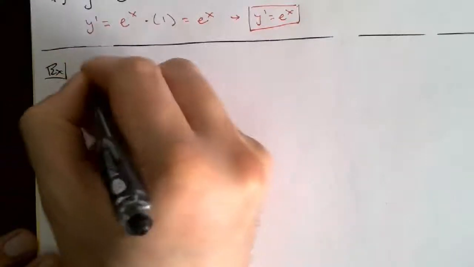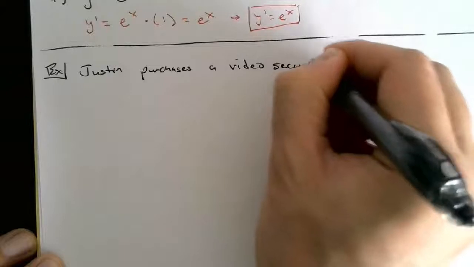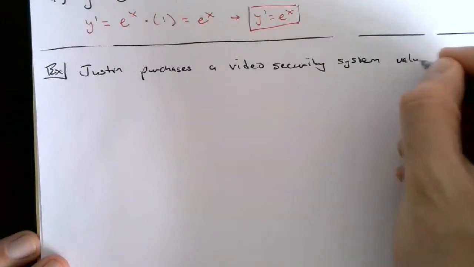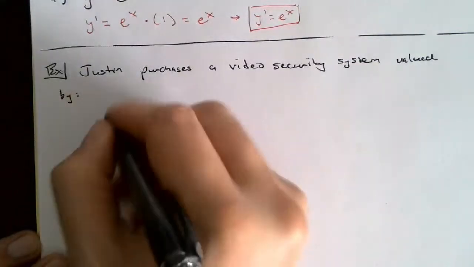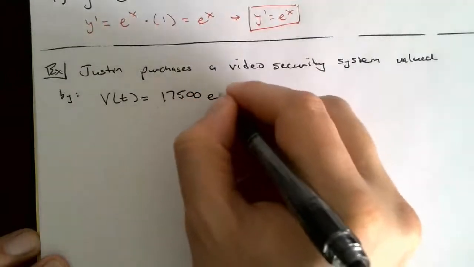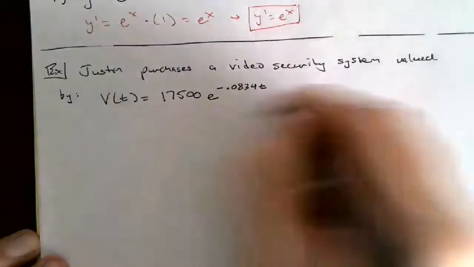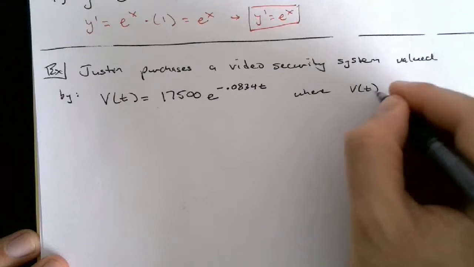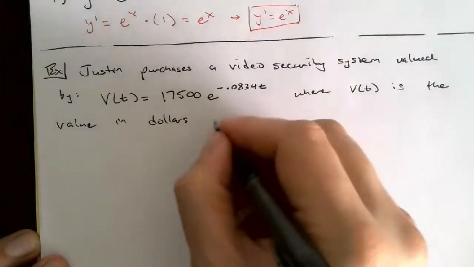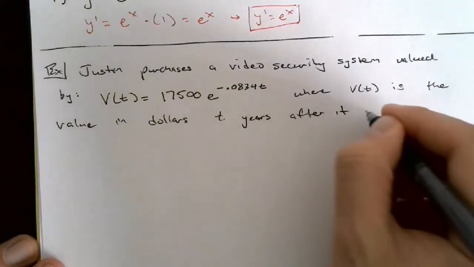So we'll say Justin purchases a video security system valued by this function v of t equals 17,500 e to the negative 0.0834 t, where v of t is the value in dollars t years after it is purchased.